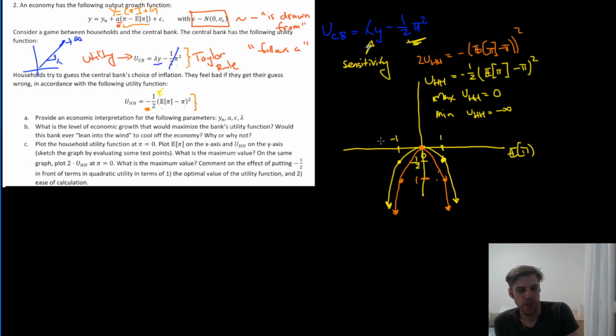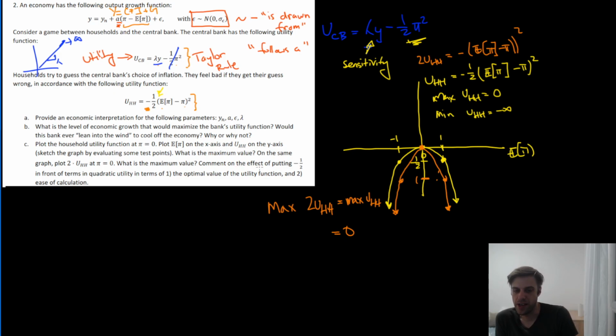So for 2UHH, the max of 2UHH occurs where it turns, and it's exactly identical to max UHH, which is 0. Okay? This is an important point.